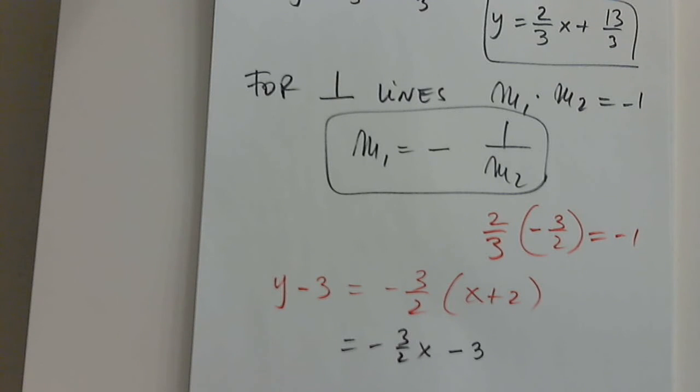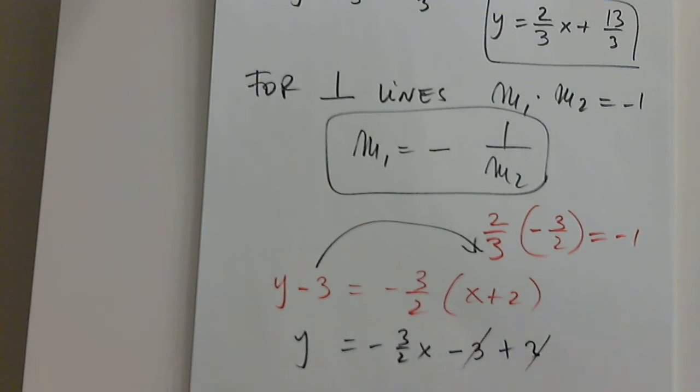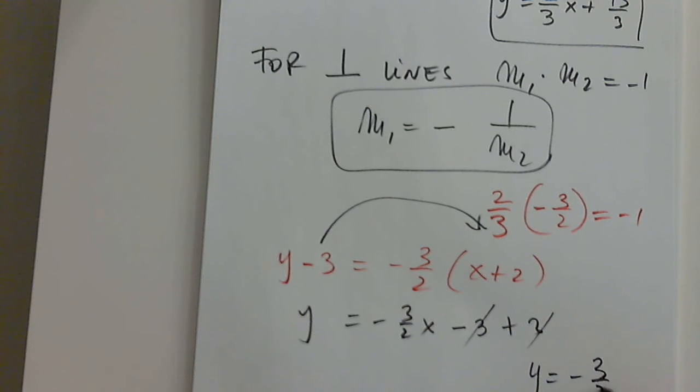Is that okay? So -3/2 times 2/1, the 2 will go away and I'll get -3. And then I have to bring the 3 to the other side. This one goes to the other side. So then this is the equation of the line that is perpendicular to the given line and passes through the given point, -2, 3.